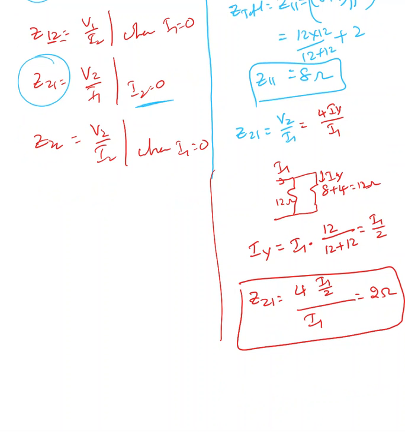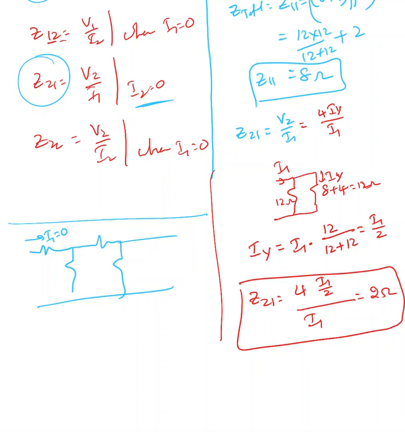To find other two parameters, I'm going to redraw the circuit diagram. So here is the circuit. I'm going to use two different colors. So here is my circuit: 2 ohm, 12 ohm, 8 ohm, 4 ohm. Now I'm going to take I1 equal to 0.